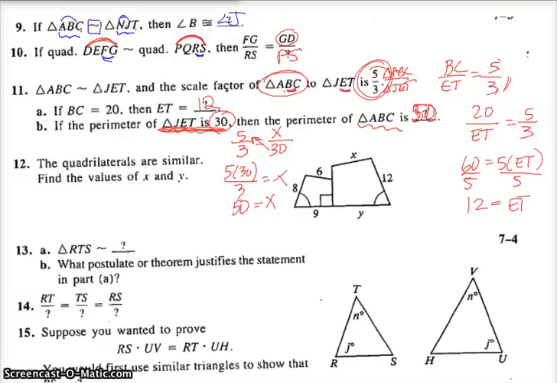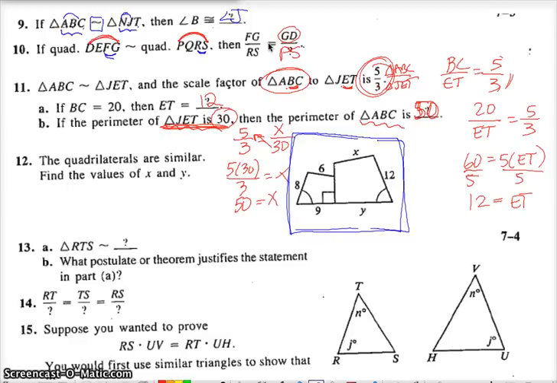Okay, number 12. The quadrilaterals are similar. Find the values of x and y. So we're looking at this picture right here. So we need to first identify what's the order that we're going to go in. So if this is a 90-degree angle, this is a 90-degree angle. So because these are supplementary, and this angle they share are the same measure.